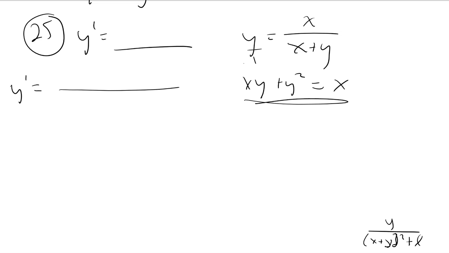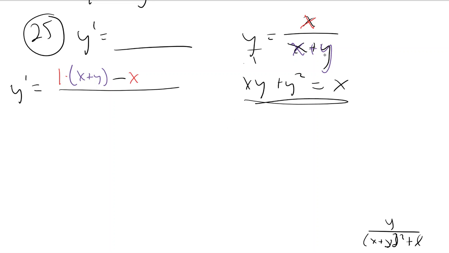So if we start with the quotient rule, the derivative of the top, the derivative of x with respect to x, would be 1, times the denominator left alone, minus the numerator left alone times the derivative of the denominator.